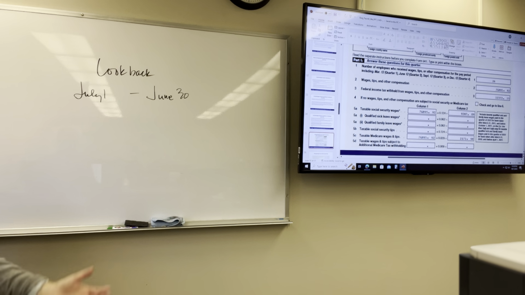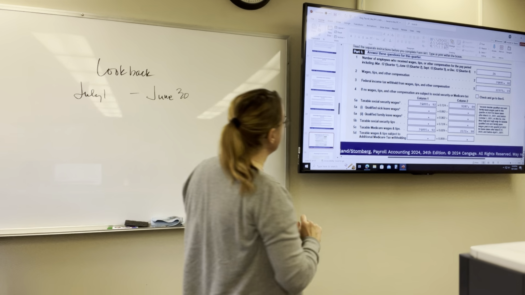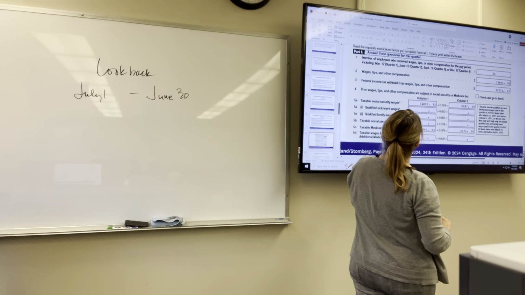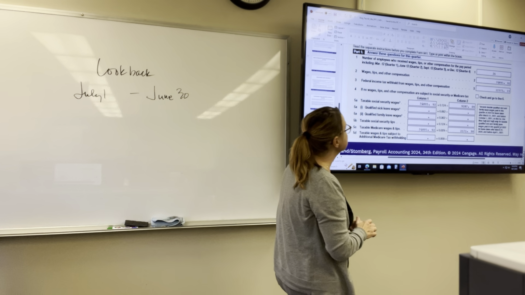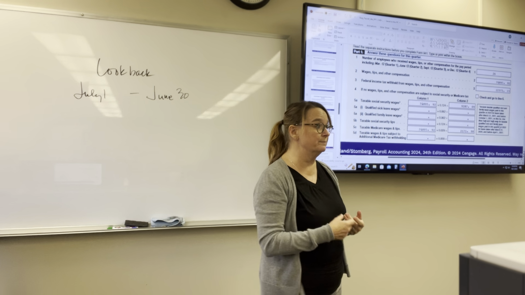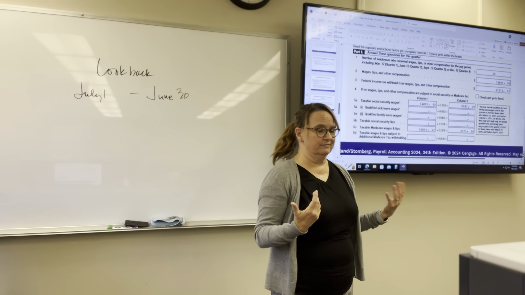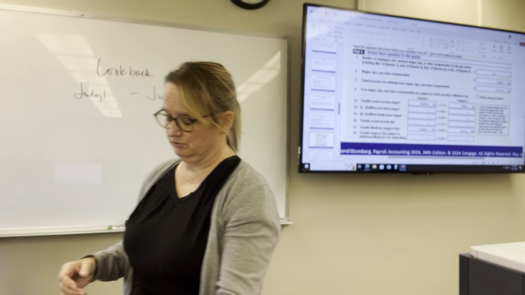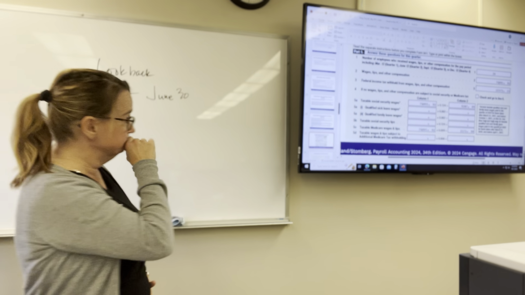Now you're going to see the first question that they ask is how many employees received wages, tips, or other compensation during a particular pay period? They're just gathering general information about employers.